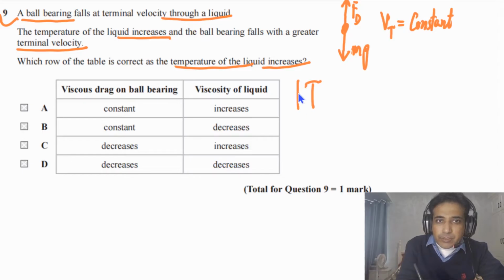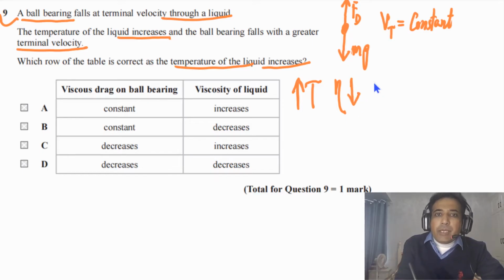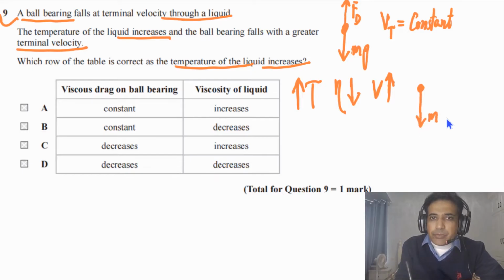Then the temperature of the liquid increases. As the temperature of the liquid increases, the viscosity of the liquid will go down and the terminal velocity of the ball bearing increases, but it is again moving at constant velocity. So we can redraw. Here is mg and here we have the drag force Ft.